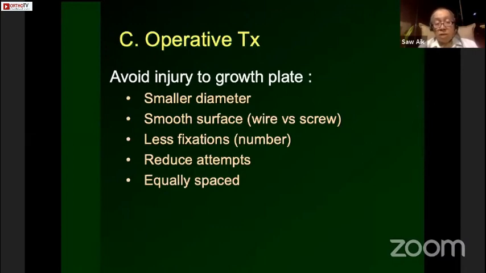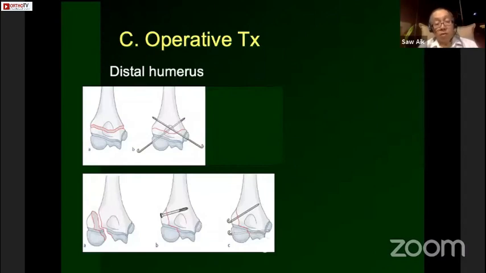Now, three fixations is even safe. Three fixations with three attempts is less traumatic compared to two fixations with 20 attempts. And finally, if we have to go through the physeal plate, we want to equally space them at the opposite ends of the growth plate.